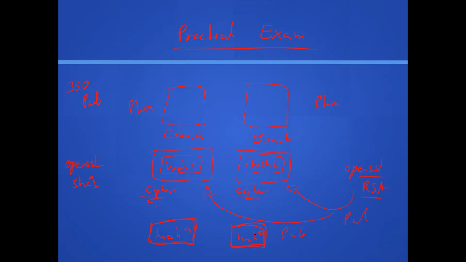Now, if you just used the OpenSSL public-private key decryption algorithm with the 350 public key and applied it to this cipher of the hash and that cipher of the hash, does that mean you now know which exam to use? Not quite. Okay, what else would you do?